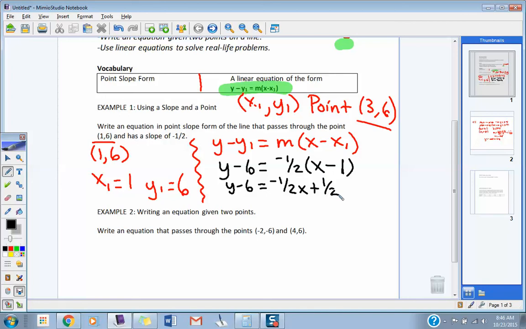So help me get y alone. What are you going to do next? Add 6 to both sides. What's left on your left side then, kiddos? Y alone. That good or that bad? That good.